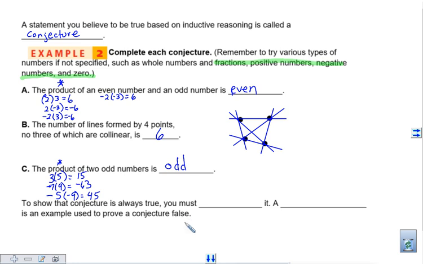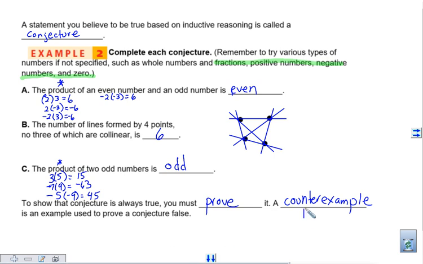In order to show that a conjecture is always true, you have to prove it. So what we did here with our math and drawing the lines, that's proving that our conjecture is true. A counterexample. So a counterexample is an example used to prove that a conjecture is false.